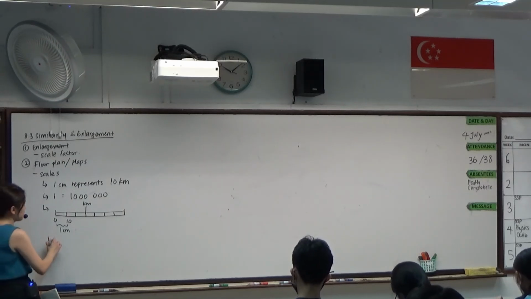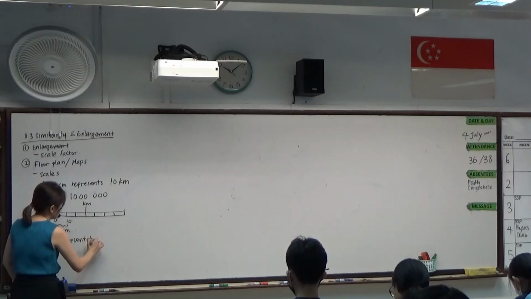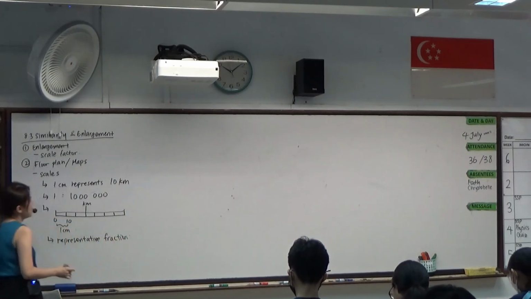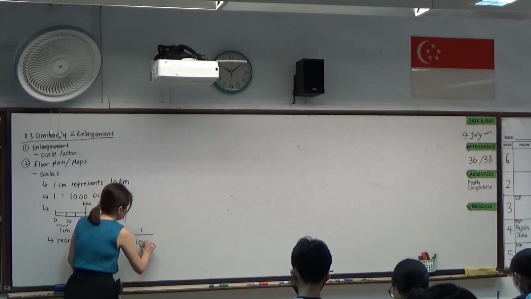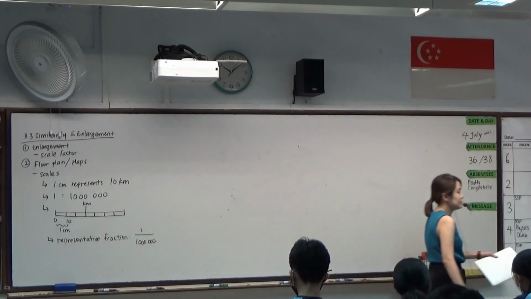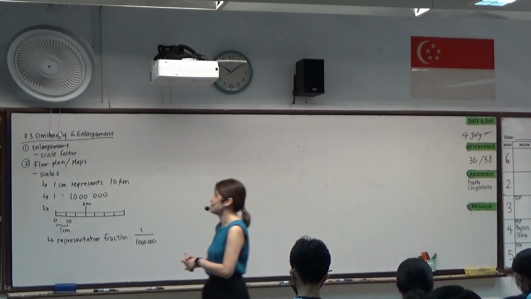And then we also have the representative fraction. Whereby instead of writing it in a ratio form, we write it as a fraction. In other cases, we always have it written such that it is the map first, followed by the actual.